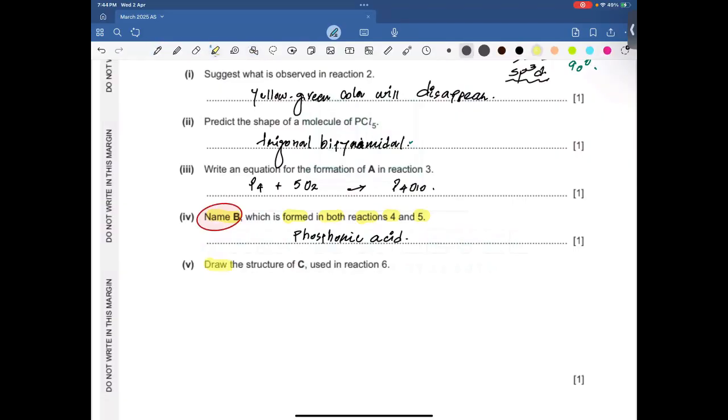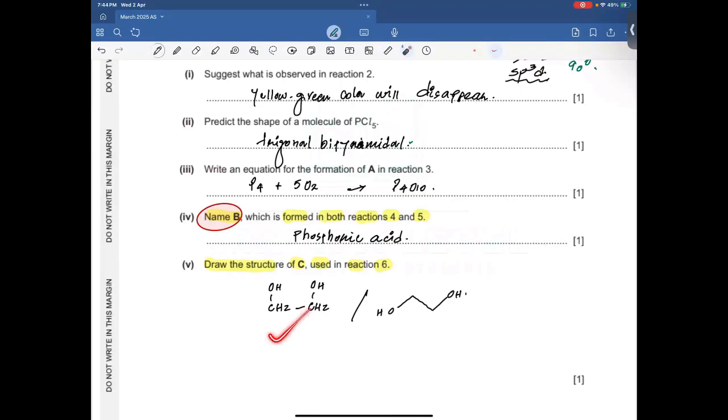Draw the structure of C used in reaction 6. Obviously, it's going to be the diol, ethane-1,2-diol. This is CH2OH, this is CH2OH, or even we can write it in the skeletal form. This is OH, CH2, CH2, and this is going to be your OH.